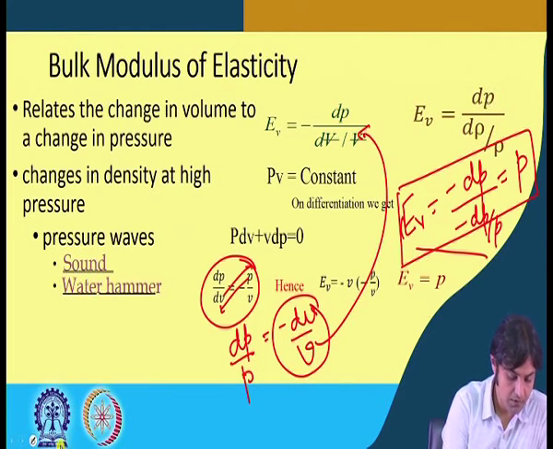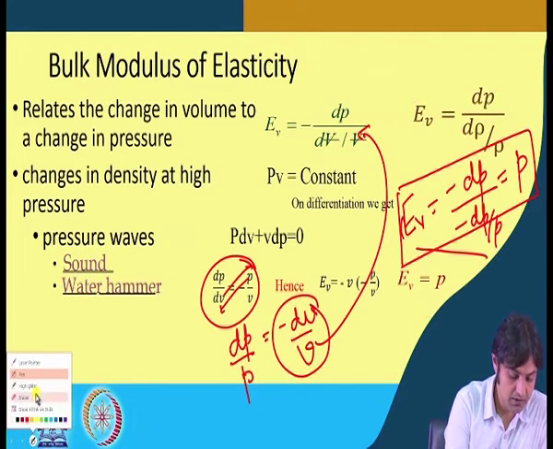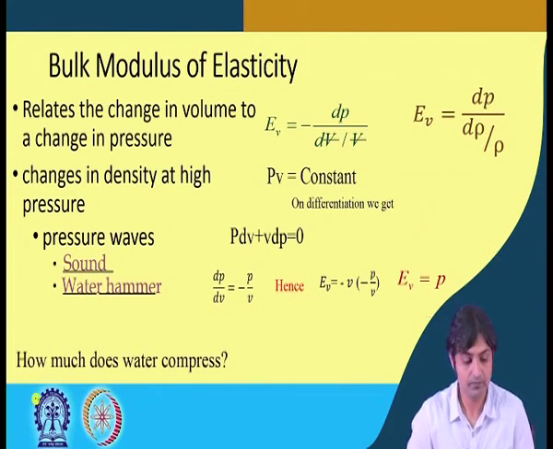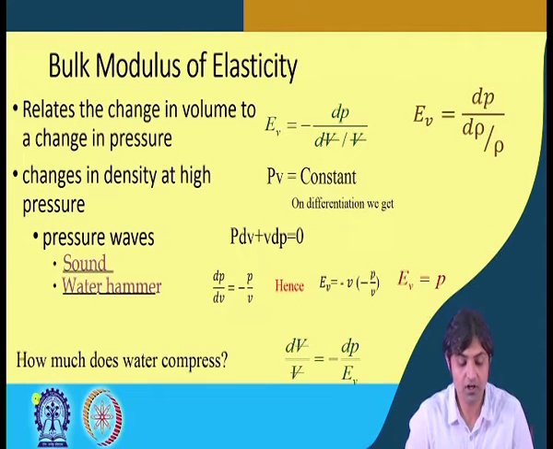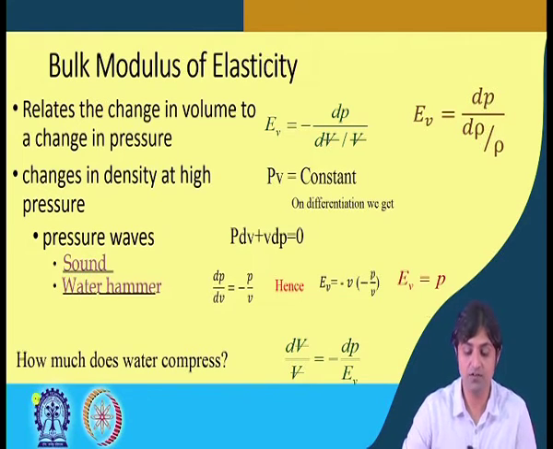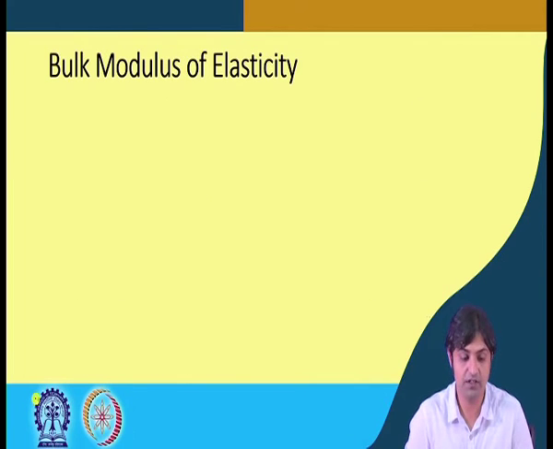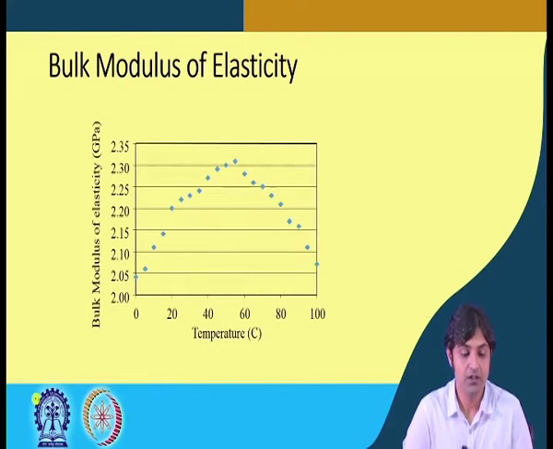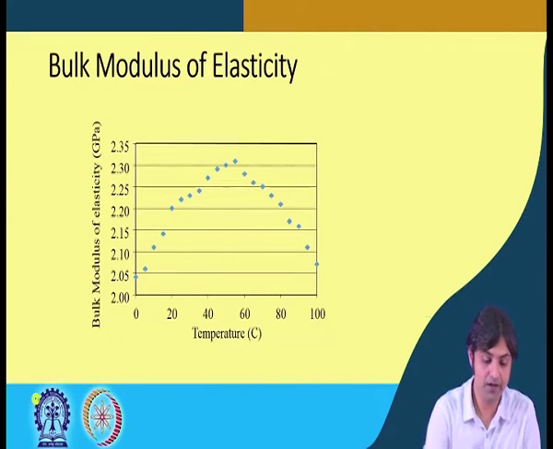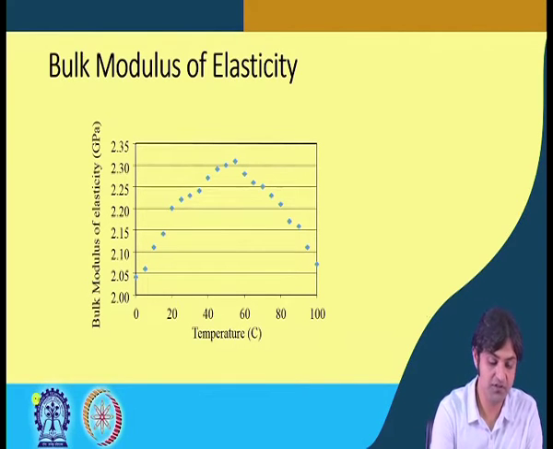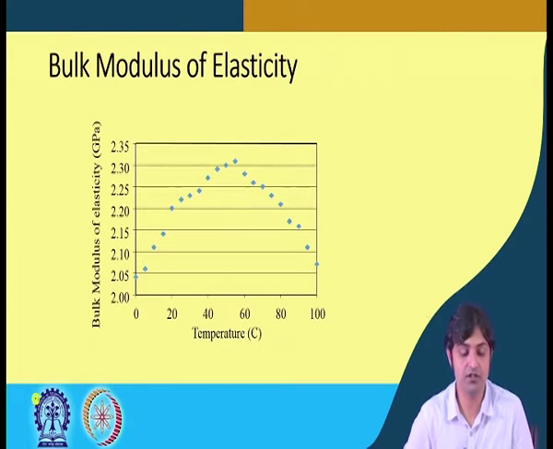Okay, so now we proceed to the next slide. How much does water compress? It's the same equation, dV by V is equal to minus dP by E_V. This is the figure which shows the bulk modulus of elasticity, how it varies with the temperature. As you can see, the bulk modulus increases as the temperature increases to a certain value and then starts decreasing.